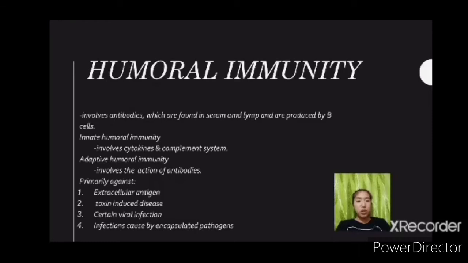Under humoral immunity, there is innate humoral immunity that involves cytokines and the complement system, and adaptive humoral immunity that involves the action of antibodies, primarily against extracellular antigens, toxin-induced disease, and certain viral infections caused by encapsulated pathogens.